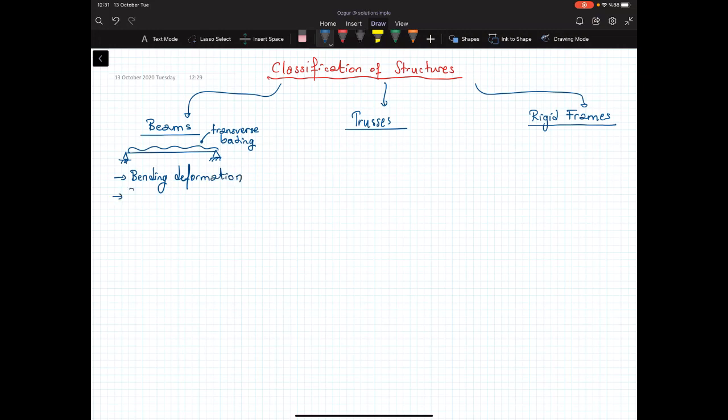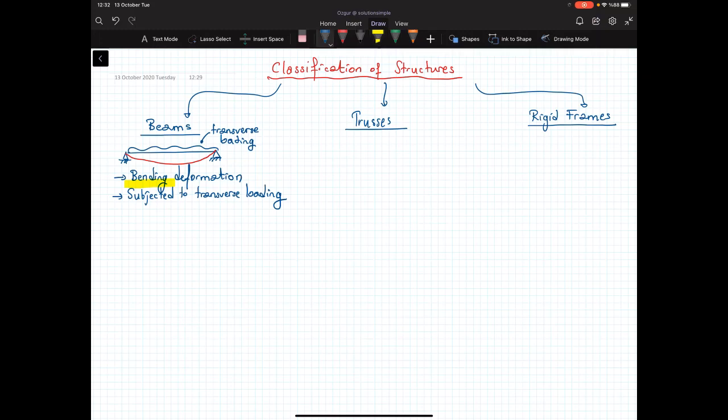These structures have to be subject to transverse loading only, no axial loading. So in order to analyze such beam structures, we have to consider only bending deformations, no axial deformations, okay? So we just say that it will deform like that under the given loading. Basically, in order for us to call a structure a beam, it should undergo bending deformation only.